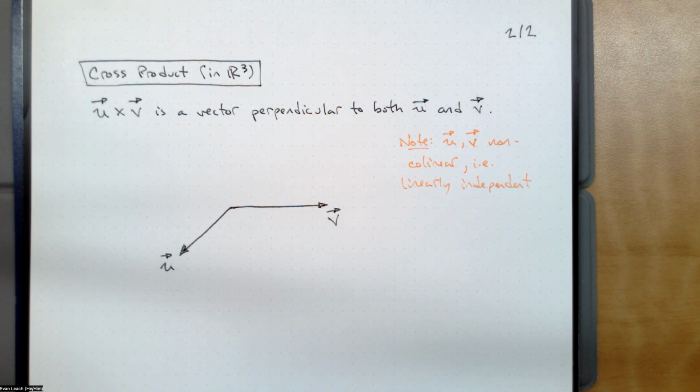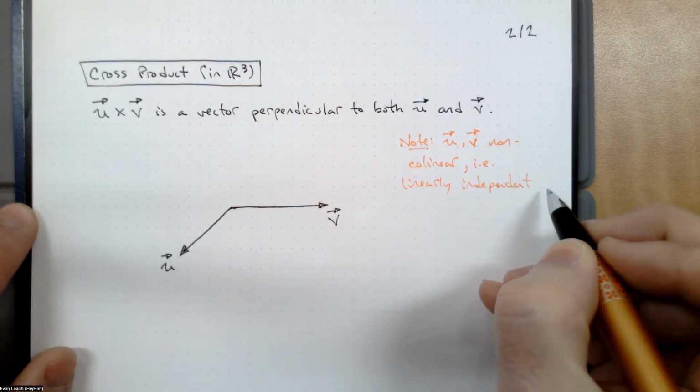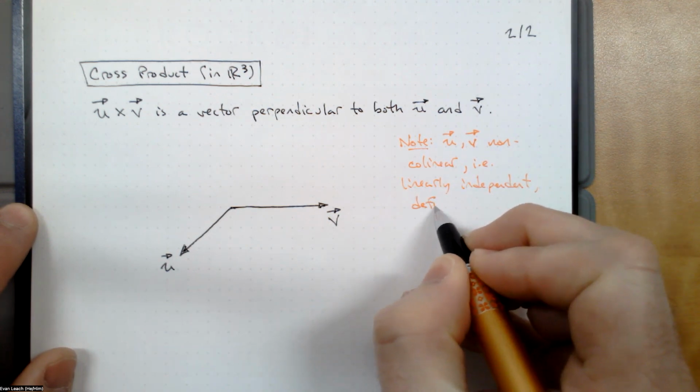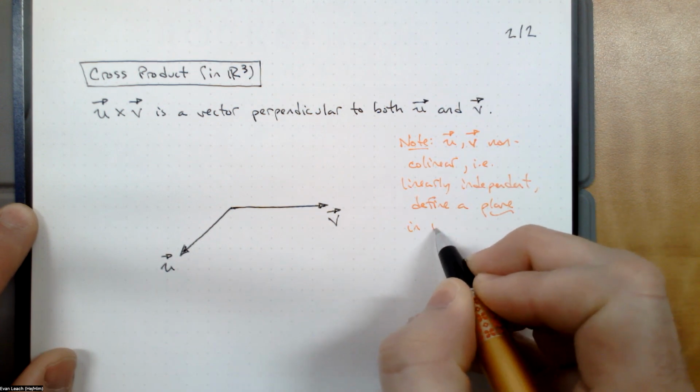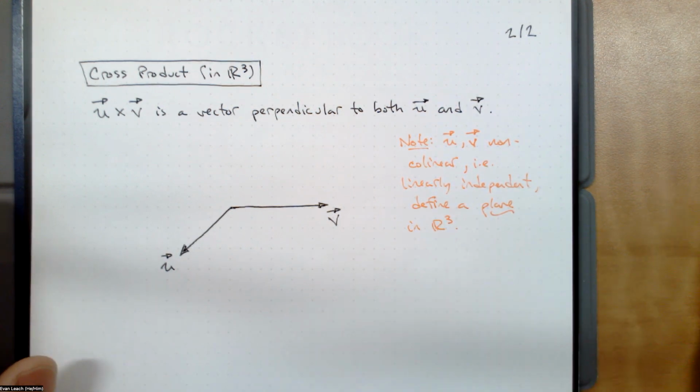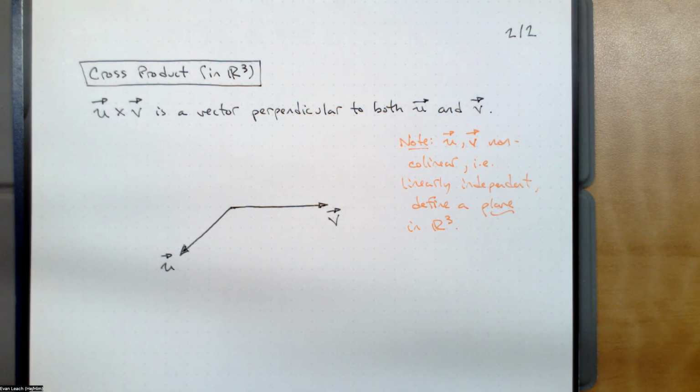That means I want U and V to be linearly independent. So these two linearly independent vectors will define a plane in R3.